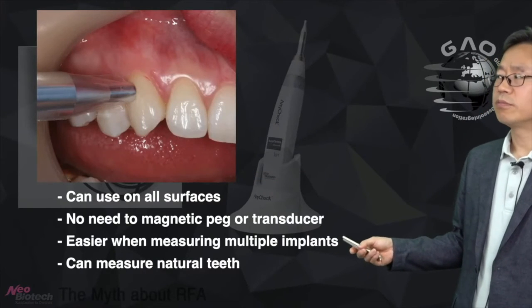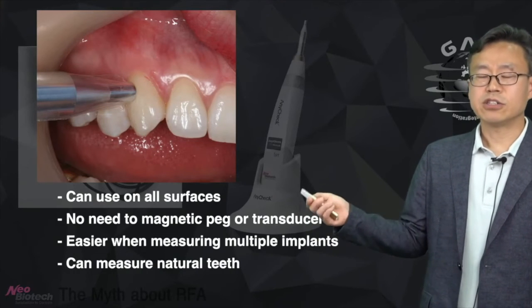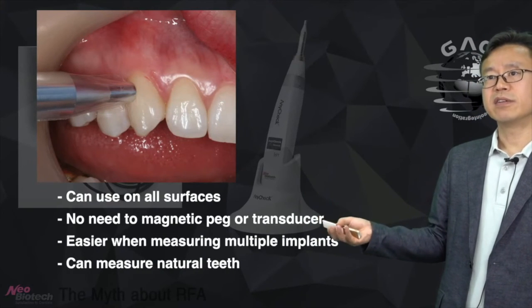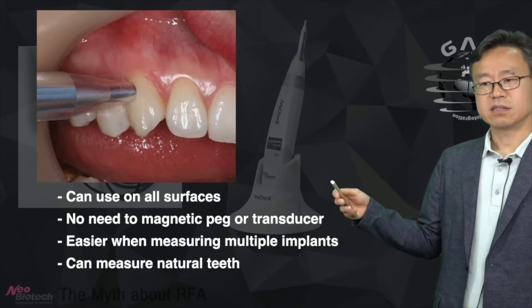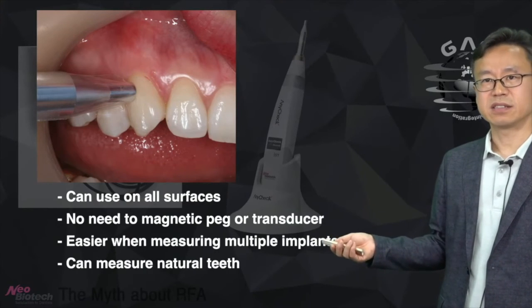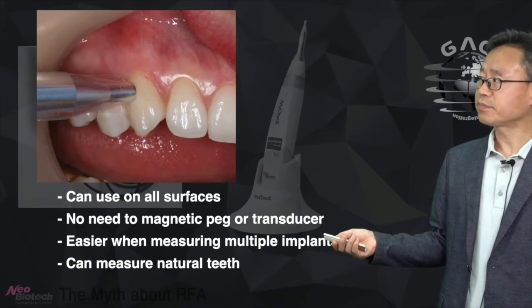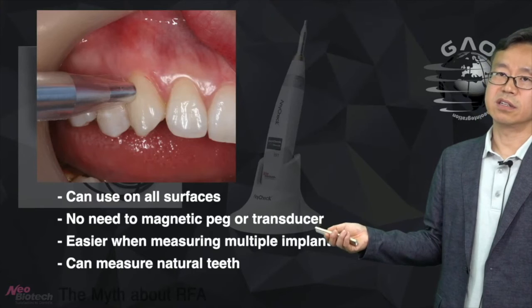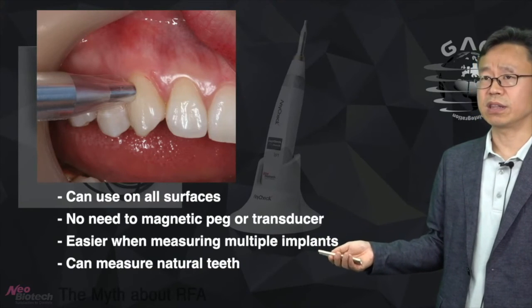And also, like the Periotest, AnyCheck can measure the mobility of natural teeth, whereas ISQ cannot. So this is another pro of AnyCheck compared to ISQ, I think.